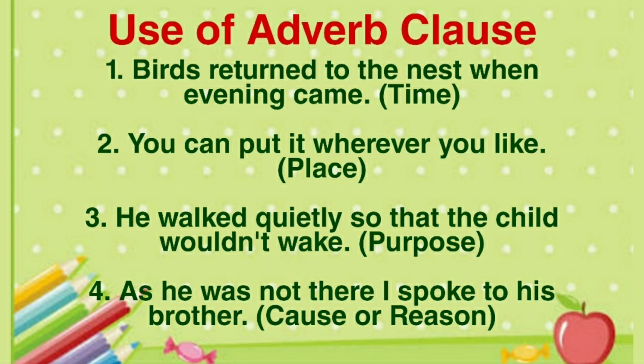That's why it's called the adverb clause of time. So adverb clauses of time are introduced by subordinating conjunctions. They are whenever, while, after, before, since, as, etc. Let's move to the second example, that is adverb clause of place.